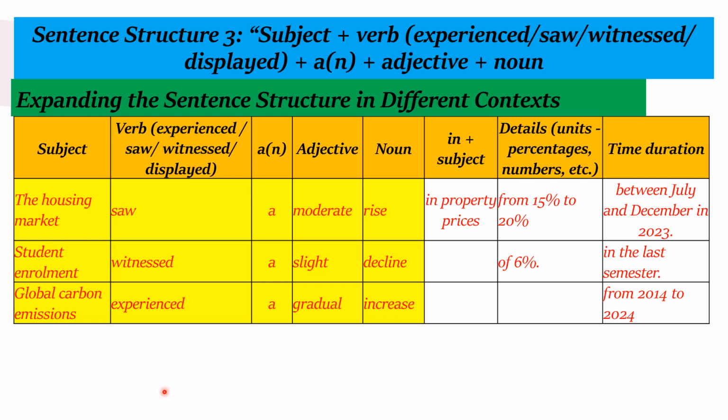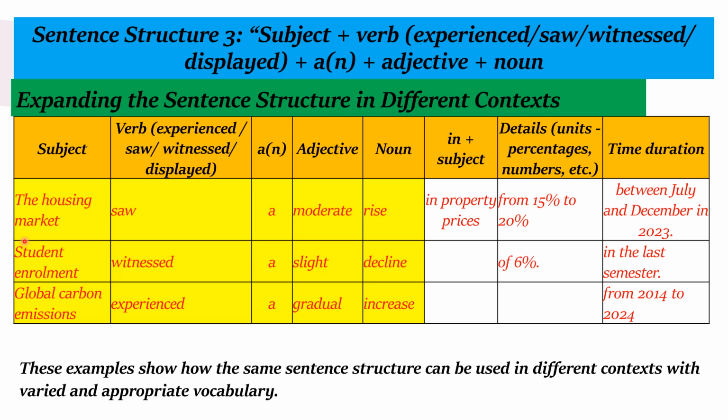Now notice the verb plus adjective plus noun combinations in these sentences. For example, saw a moderate rise, witnessed a slight decline, experienced a gradual increase. Using different vocabulary can help make your writing more varied and precise. Here are some alternatives. Instead of saw a moderate rise, you can say observed a steady increase or recorded a marginal improvement.